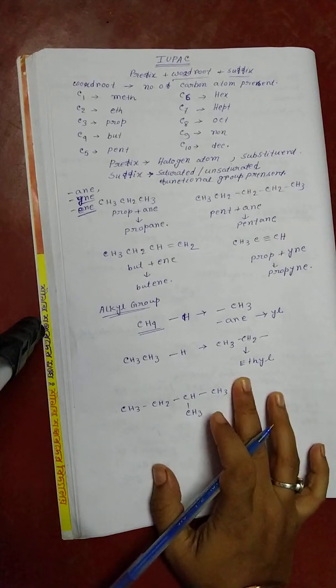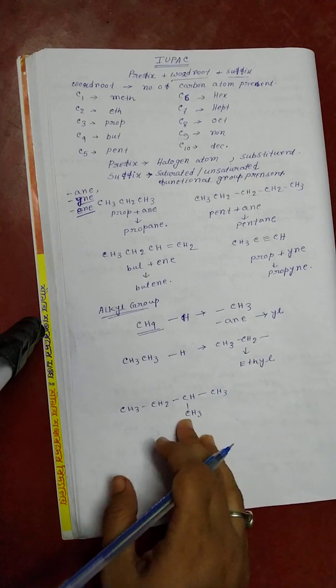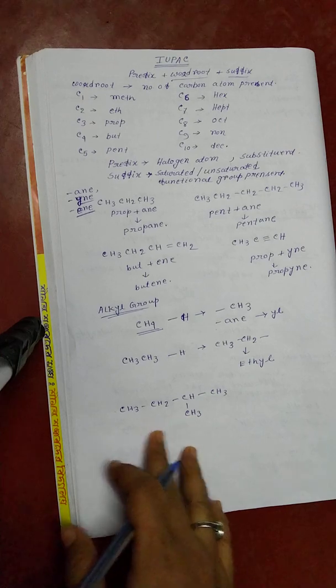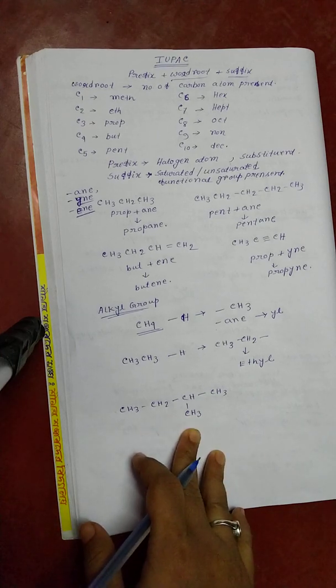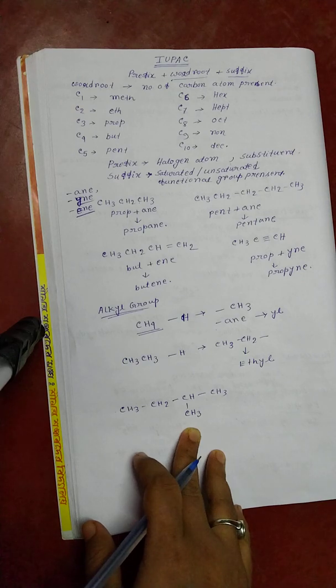You can see that this is a branched chain hydrocarbon, and for this there are some rules for the naming. First we must decide the longest carbon chain. So it is our duty first to select the longest carbon chain.